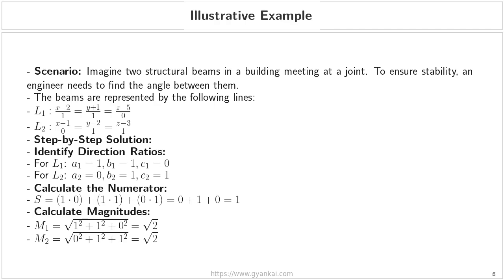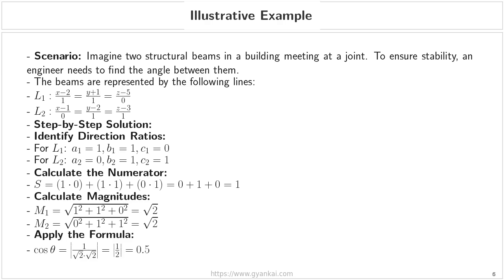Now, we need the magnitudes of these direction vectors, which we'll call m1 and m2. For the first line, the magnitude is the square root of 1 squared plus 1 squared plus 0 squared, which simplifies to the square root of 2. For the second line, the magnitude is the square root of 0 squared plus 1 squared plus 1 squared, which also results in the square root of 2.